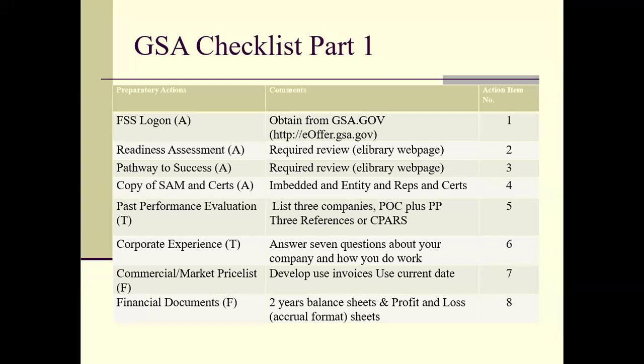You also have to develop a market price list or a commercial price list if you have it. And you use your invoices to do this. And you basically can go back in invoices 2 years, but you want to be able to establish a ceiling rate, and that's exactly what that is.